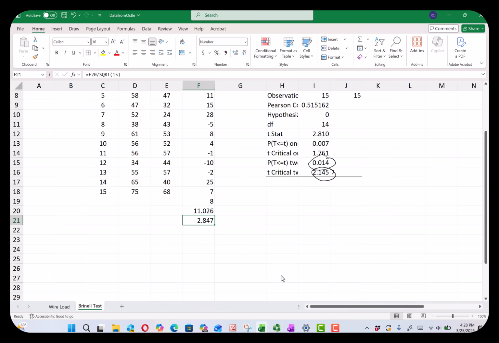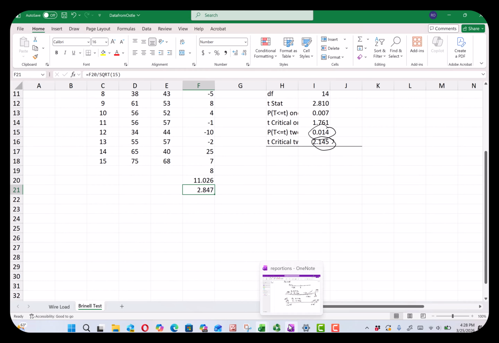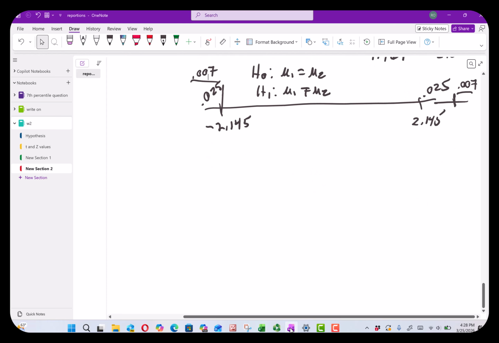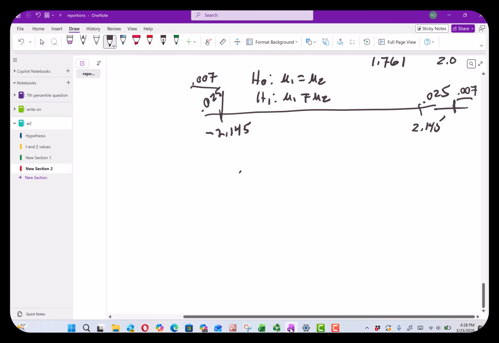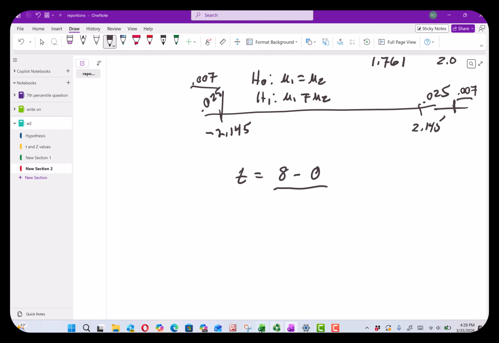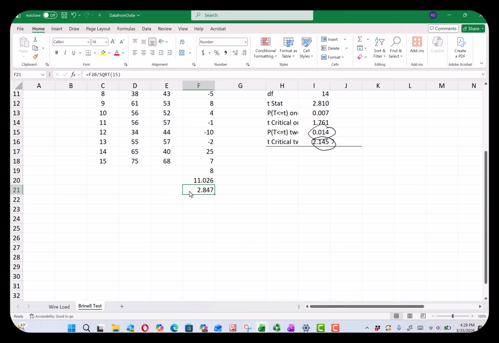We'll make it 2.847, so that our test statistic for this difference between the means is going to be 8, and this is a t-value, 8 minus the hypothesized value, the difference is 0, divided by the standard error, which is 2.847.